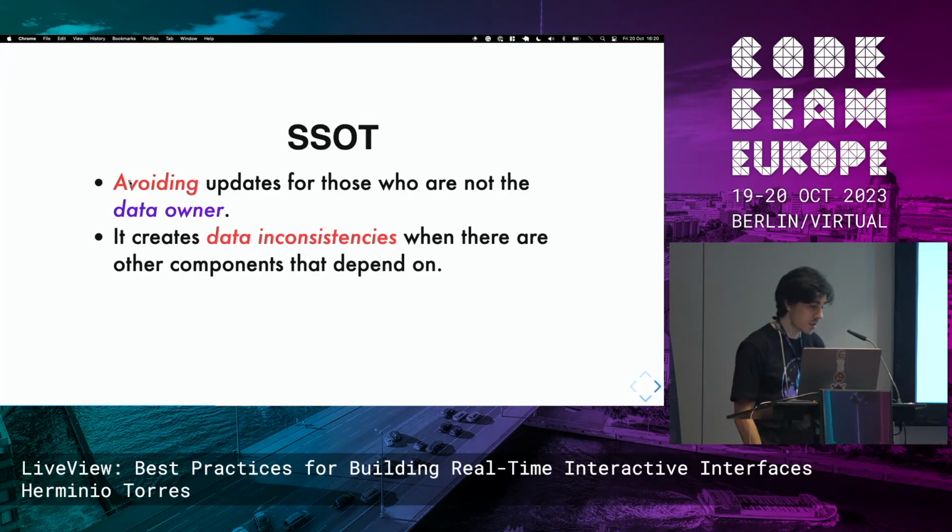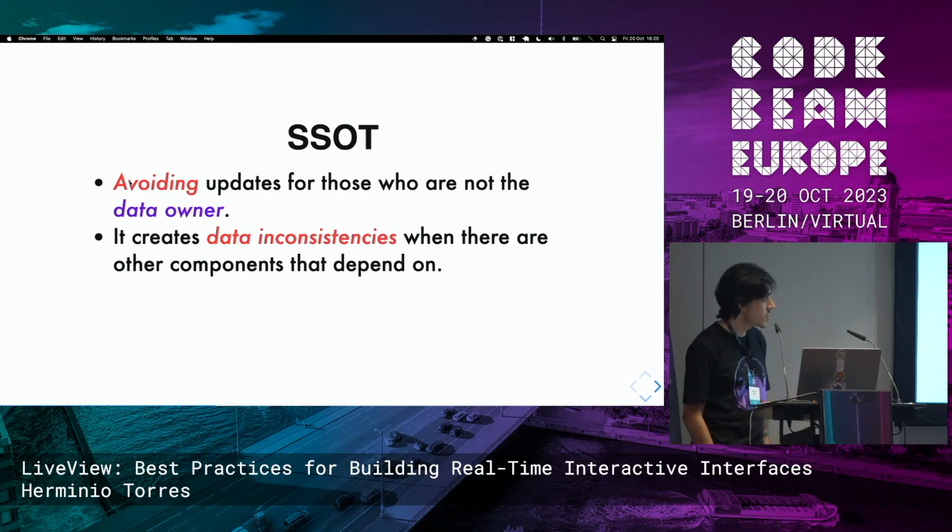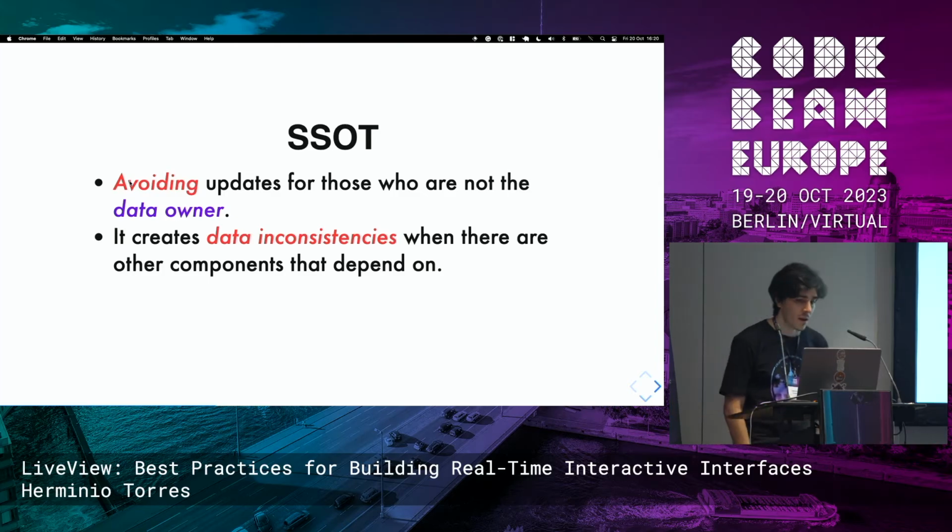And this is important because you can create some inconsistency in your data, and if you have more components that depend on that data, it will create more inconsistency in many places of your application.